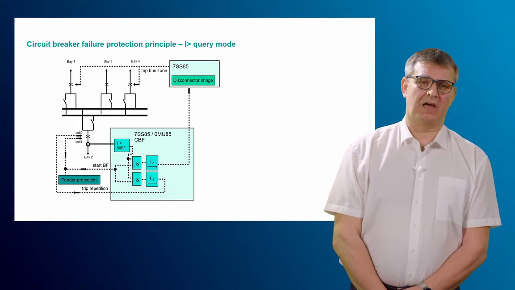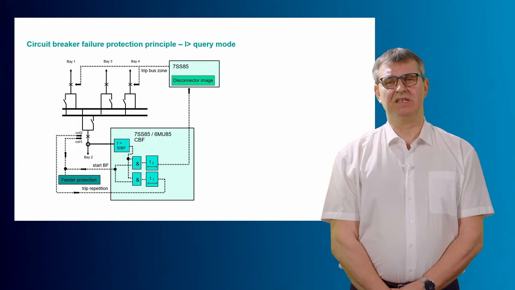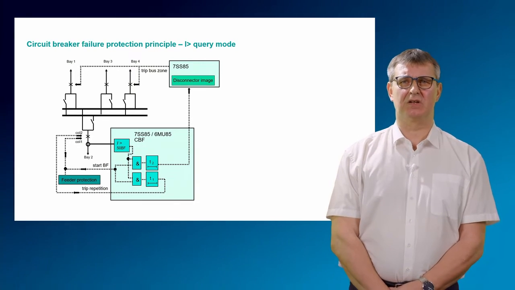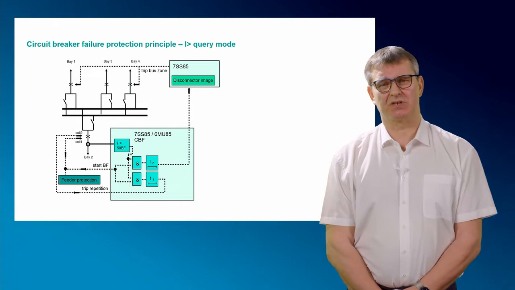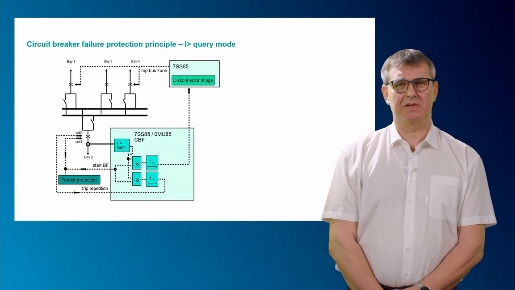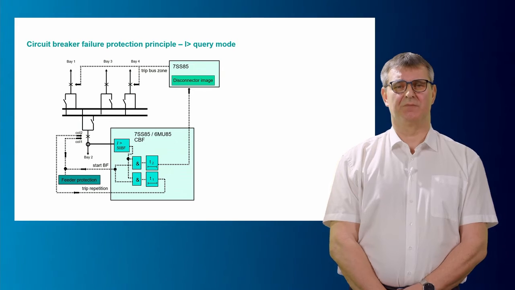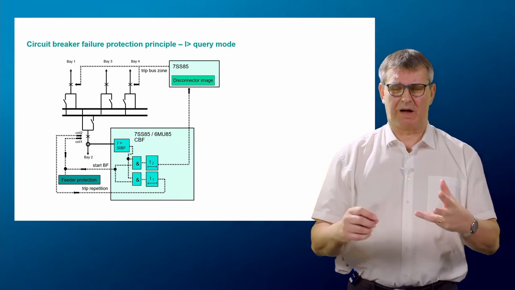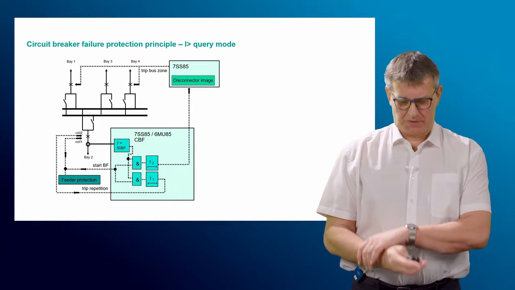And I will also explain about the inherent circuit breaker failure protection, which is a special type of circuit breaker failure protection only available in the busbar protection. But let's start now with the advanced circuit breaker failure protection.